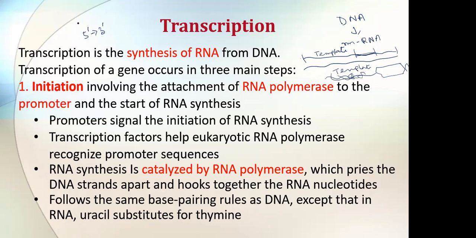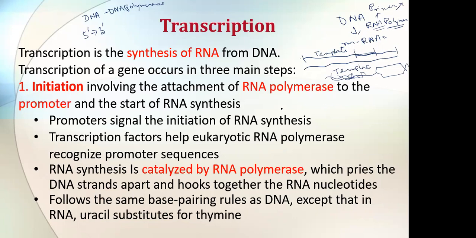For DNA replication we were making DNA from DNA, so our enzyme was DNA polymerase. Over here we are making RNA, so the main catalytic enzyme is RNA polymerase. That polymerase enzyme can make strands going from 5' to 3' direction, but in this case it is RNA polymerase. So we really do not need any RNA primer.